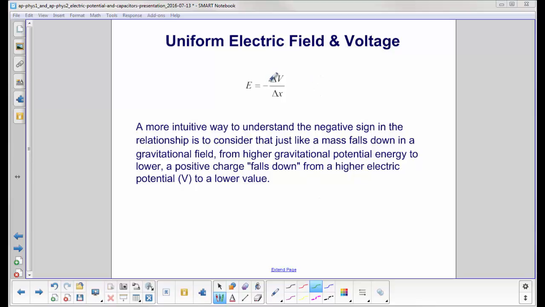Another way to understand the negative sign is to consider that just like a mass falls down in a gravitational field, like we discussed previously, from a higher gravitational potential energy to a lower, a positive charge falls down, and it's not really falling, it's just moving from a higher electric potential to a lower value. Just another way to look at it.